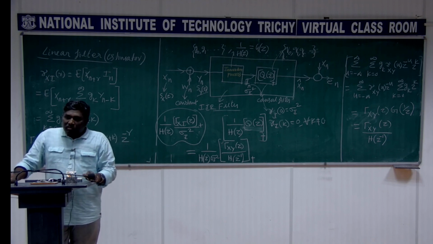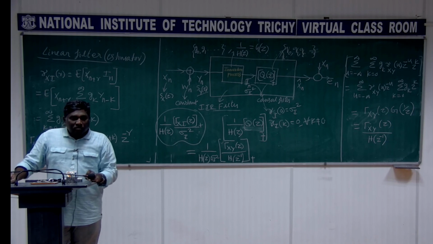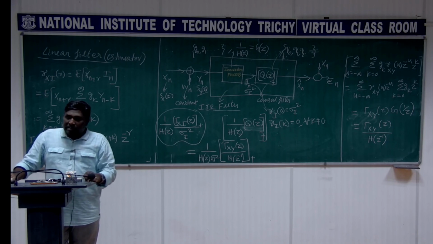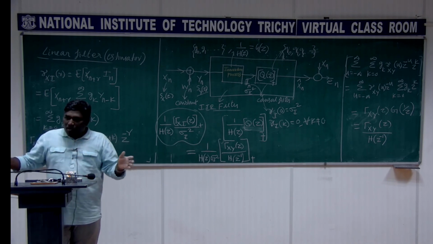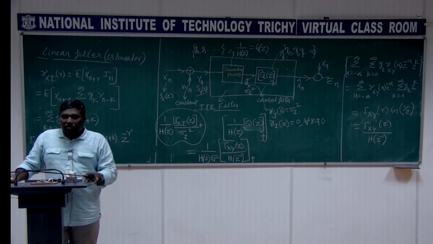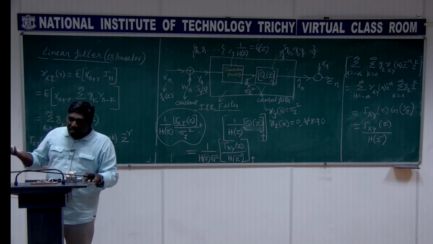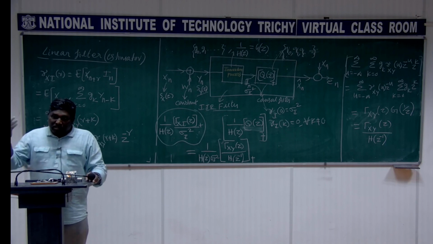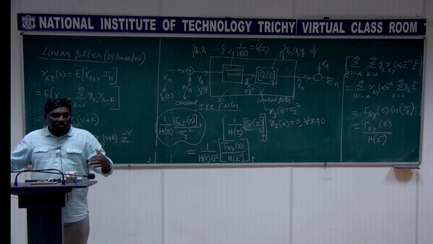Either you compute or estimate this autocorrelation, treating it as ergodic, and find out the Z transformation for it, and I substitute it here. That is not going to look good for simplification. Instead, if you model them, like what I told, right, AR modeling, the speech signal itself you can model it with input as noise and output as speech.